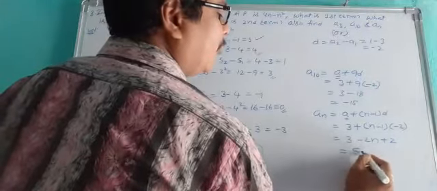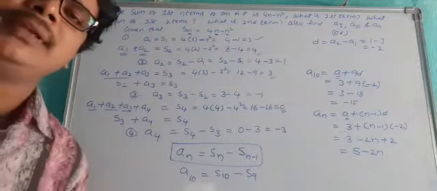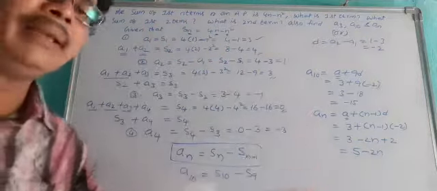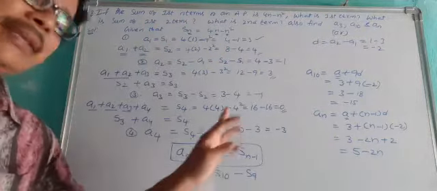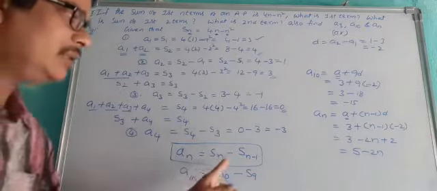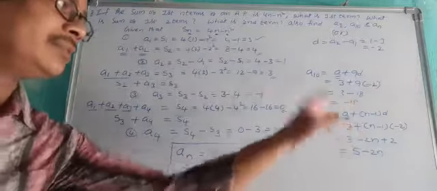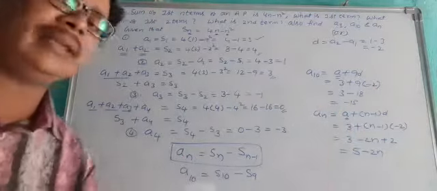So that equal to 5 minus 2n. An equal to 5 minus 2n. So an means simply Sn minus Sn minus 1. You use this one, or you directly find a and d. You substitute both of them. You get the same answer.